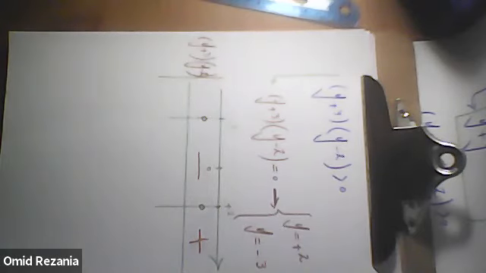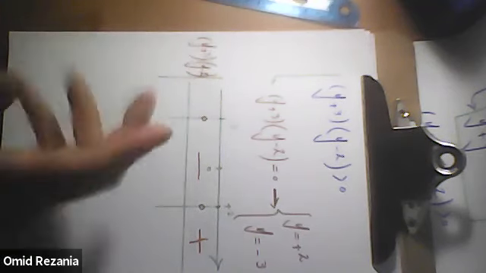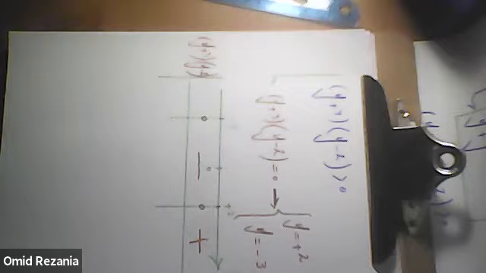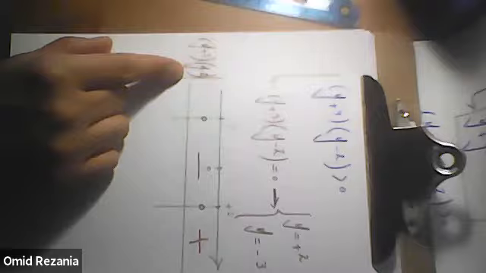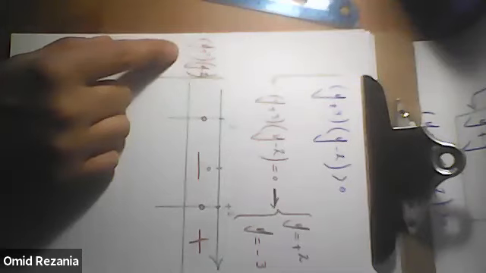For example, on this interval, pick up a number which is less than -3, which means that it goes to -infinity. -10. -10 plus 3 becomes how much? -7. -10 minus 2 is -12. -12 times -7 is 84.